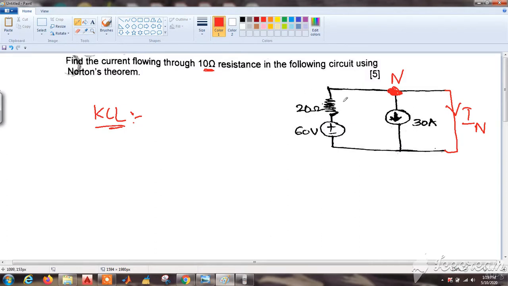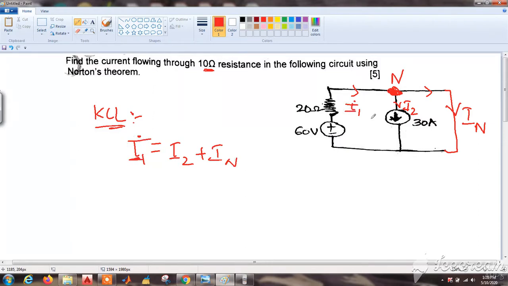Let this be current I1, let this be I2, that is 30 amperes, and let this be IN. I am not writing I3 because IN is already there. So the current going into the node is only I1, which equals the currents going out of the node, I2 plus IN.